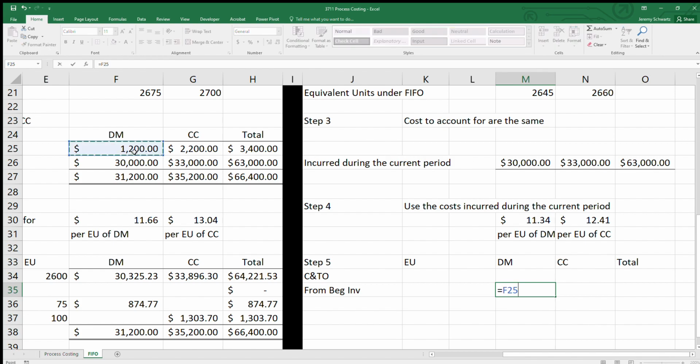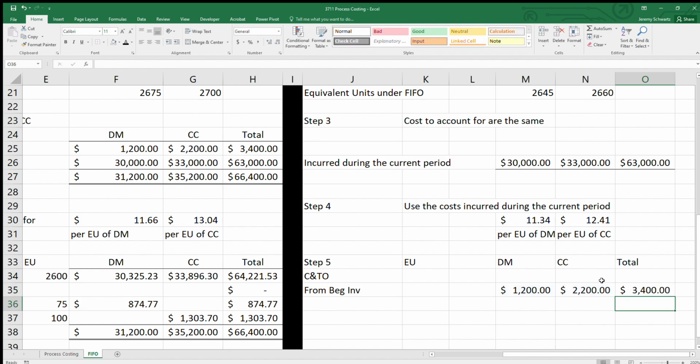They're going to be the first units completed. So we're just going to bring these costs over from the initial data. And then we're going to sum these across here. So our 3,400 from beginning inventory.